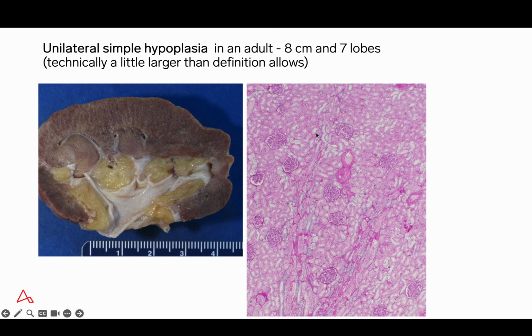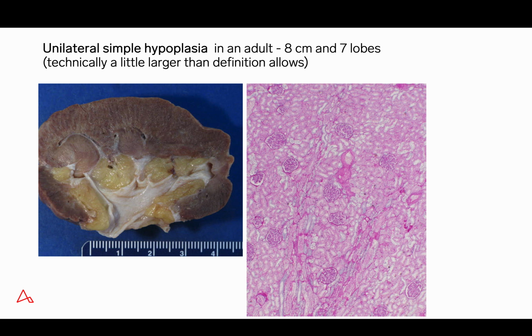Here's an example of unilateral simple hypoplasia in an adult. Now, technically, this is a little larger than the simple hypoplasia definition. It was 8 centimeters in size and contained about 7 lobes. Again, histologically normal. Renal function was normal because the contralateral kidney was of normal size.